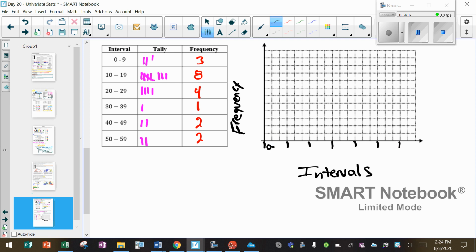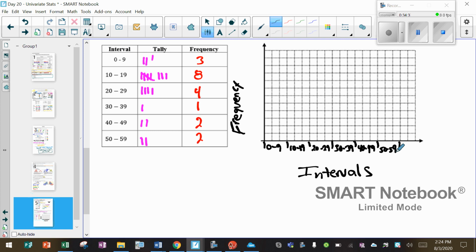I should have enough to fit my 6 intervals. The intervals are 0 to 9, 10 to 19, 20 to 29, 30 to 39, 40 to 49, and 50 to 59. And they all are the same width, and they all fit.